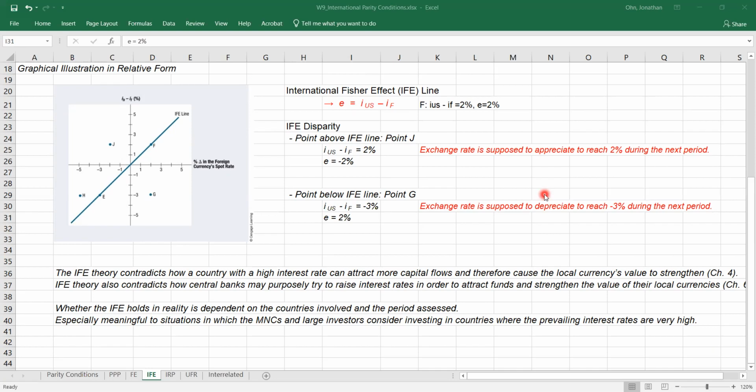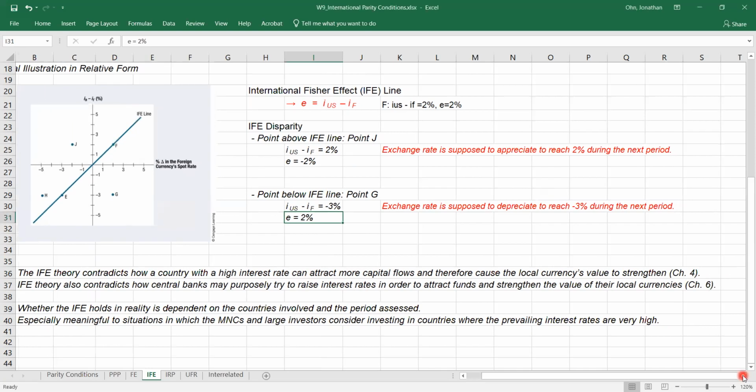Okay, all right. Now, the IFE theory contradicts how a country with a high interest rate can attract more capital flows and therefore cause the local currency to strengthen. I told you this international Fisher effect might have some conflict in the real world, right? Well, this is one.